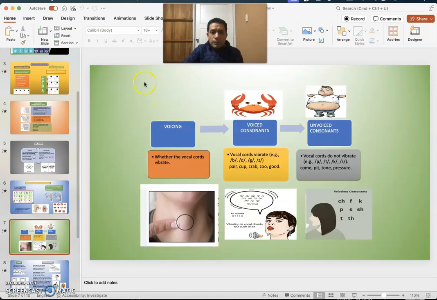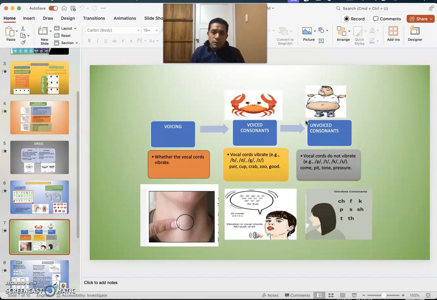We continue with the voicing, whether the vocal cords vibrate. We can find voiced consonants, with vibration of the vocal cords during production, for example pear, cup, craft, zoo, and good.